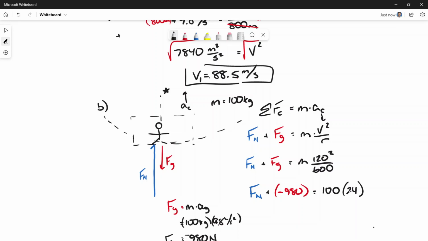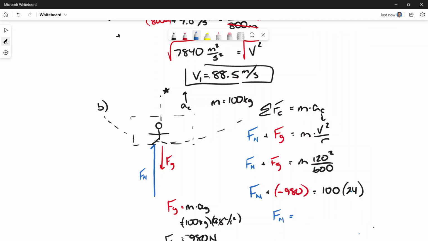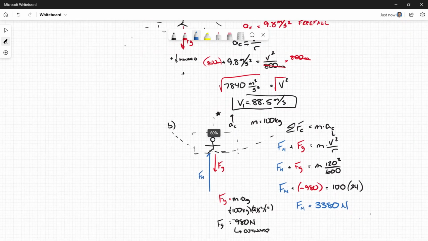And look, we can solve for the normal force. We now know the normal force would have to be equal to 24 times 100, and then I'm going to add 980 to both sides. And I get this big normal force of 3380 newtons. So I now know the normal force.